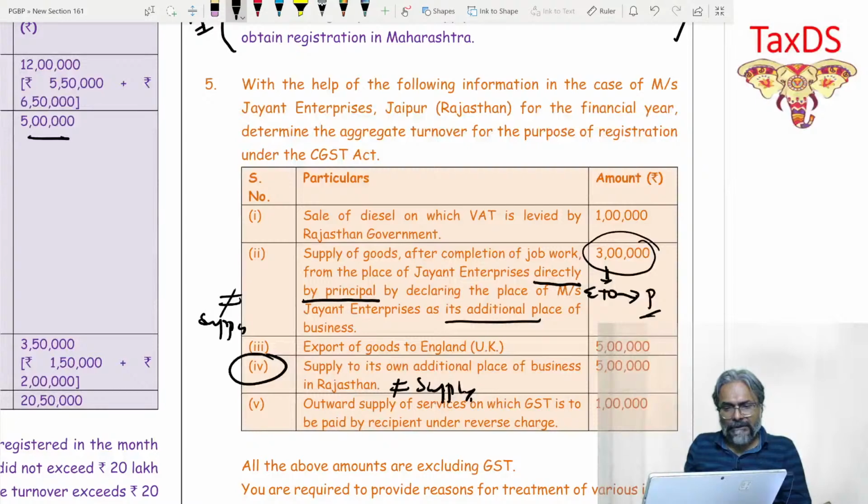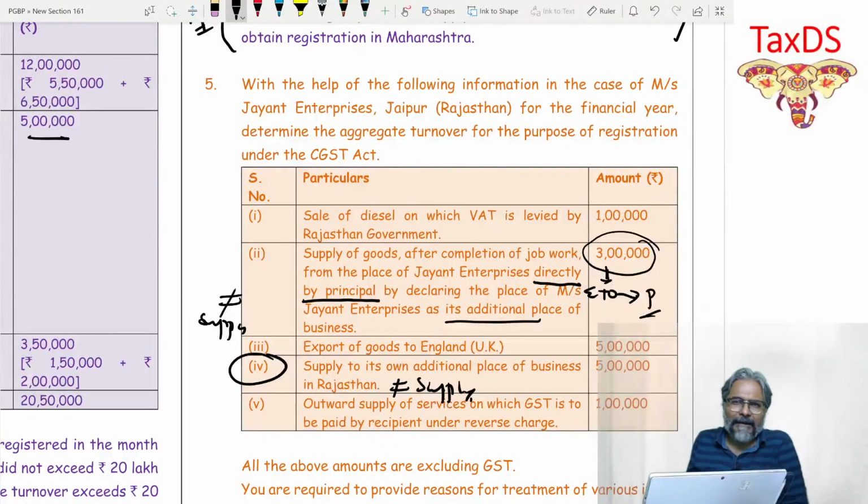Point number 5, students. Outward supply of service on which GST is to be paid by the recipient under the reverse charge mechanism. Now, remember, students, this is an exempt supply. Be careful over here, students, please pay attention to what I'm saying.